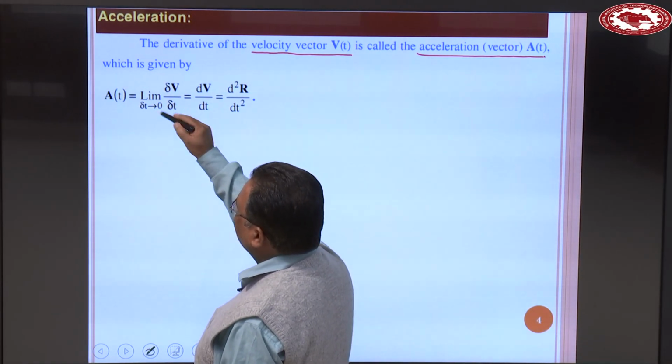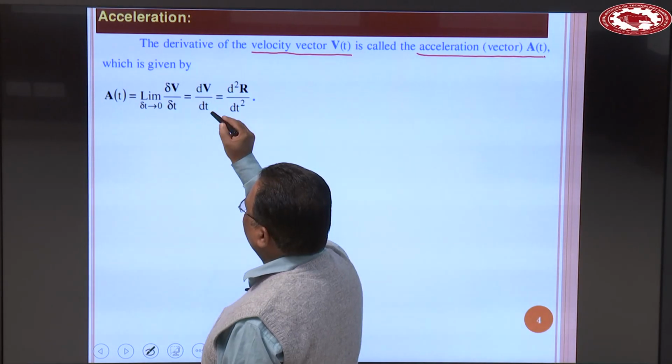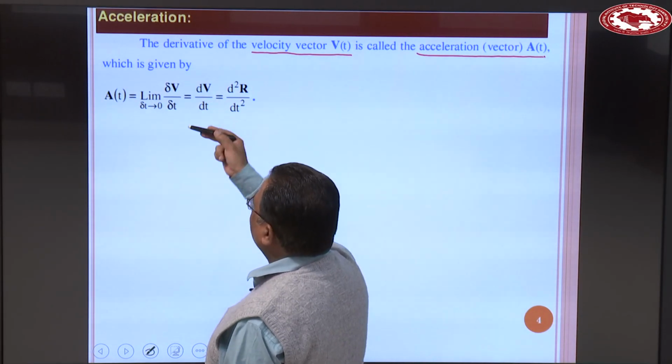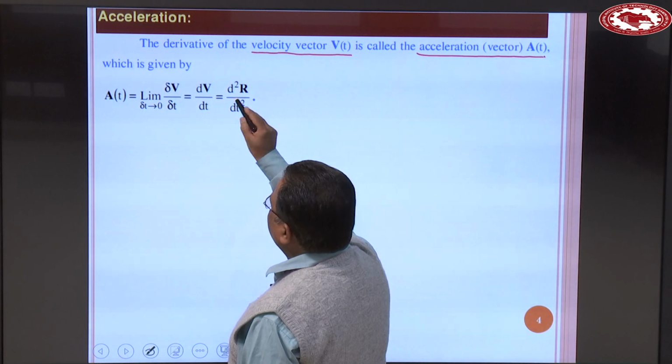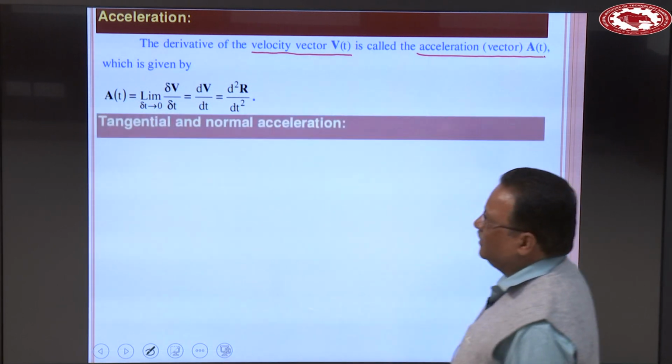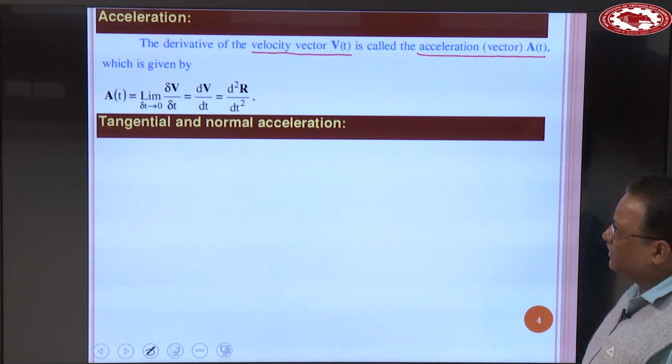This limiting value is dv over dt, and since v is dr over dt, it becomes d square r over dt square. That is the acceleration.